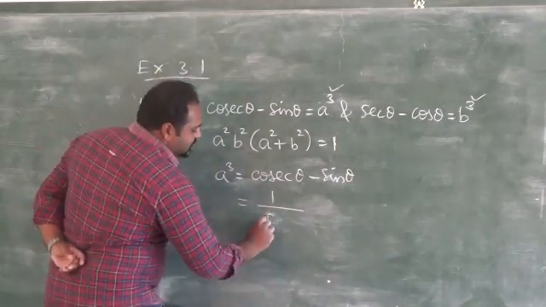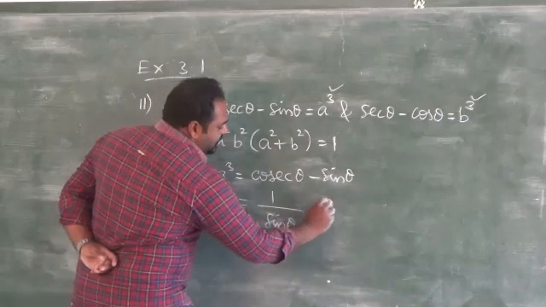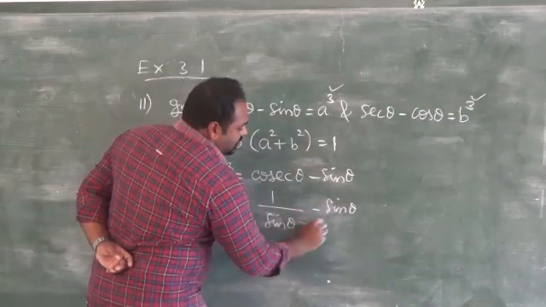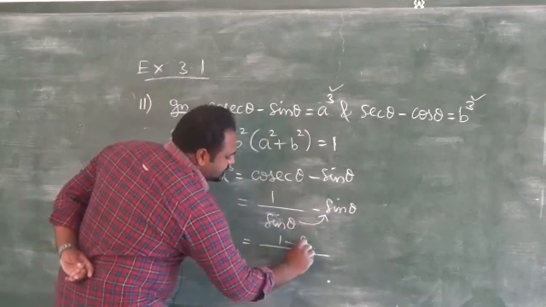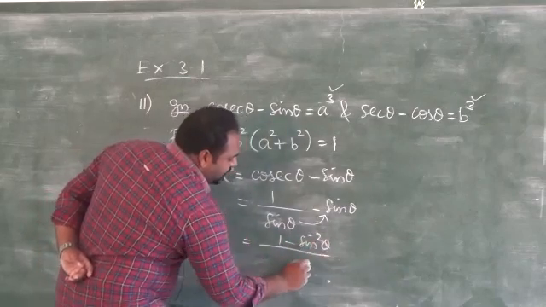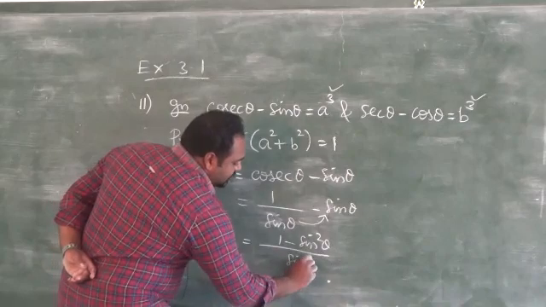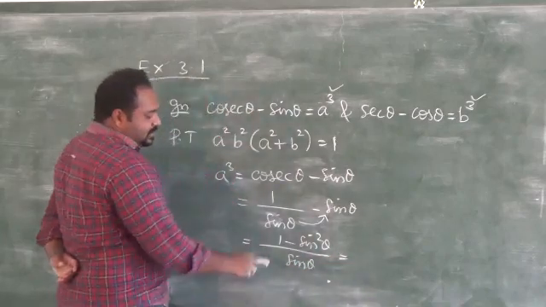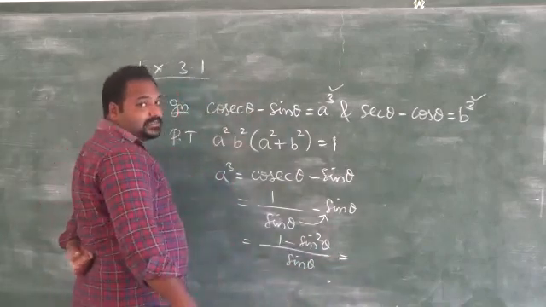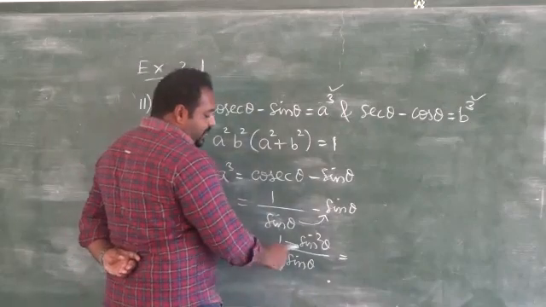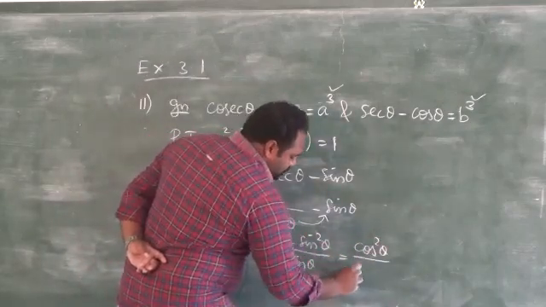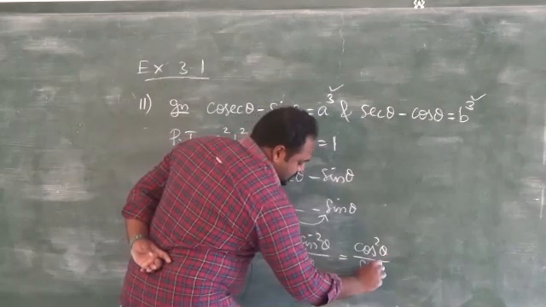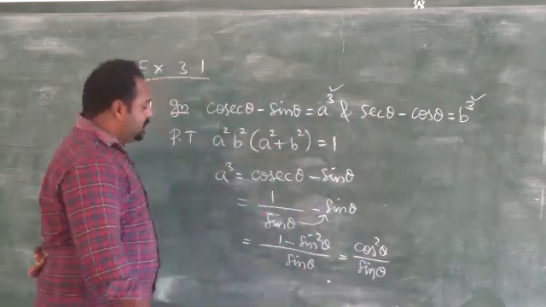Cosecant can be written as 1 by sin theta minus sin theta. Cross multiply: 1 minus sin square theta by sin theta. We know that 1 minus sin square theta is cos square theta by identity. So it is cos square theta by sin theta.